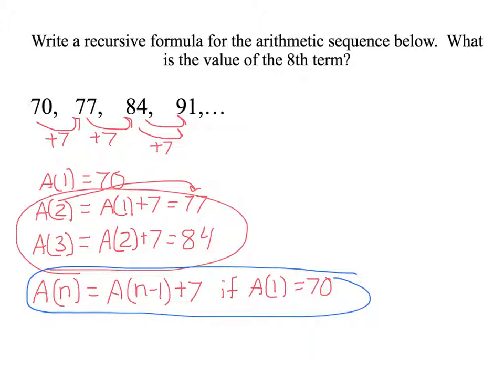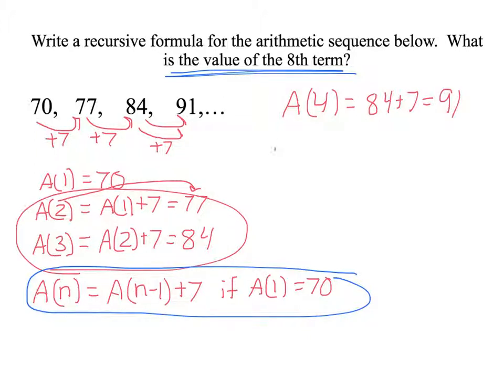Now, it says what's the value of the 8th term. So we just need to continue the pattern. Let's find A4, which is going to be A3, which is 84, plus 7. 84 plus 7 is 91. To find A5, we take A4, which is 91, plus 7, which is 98.